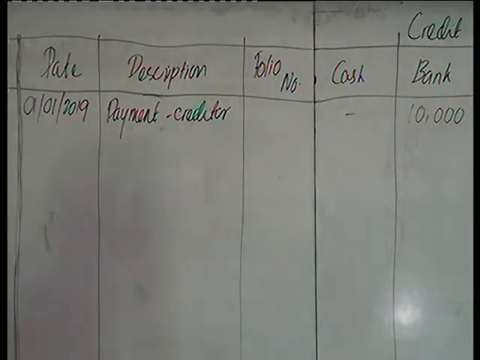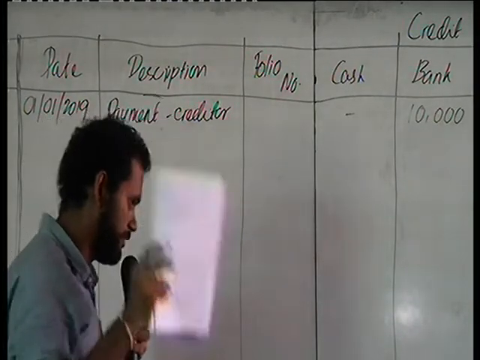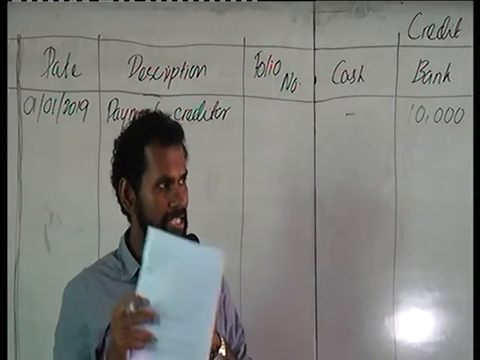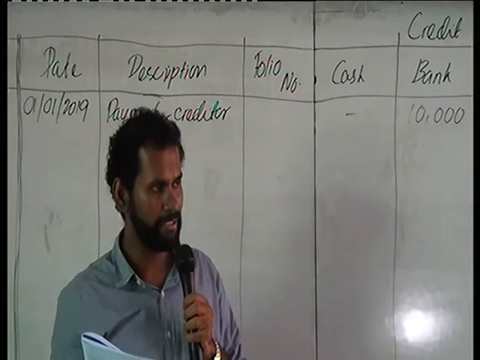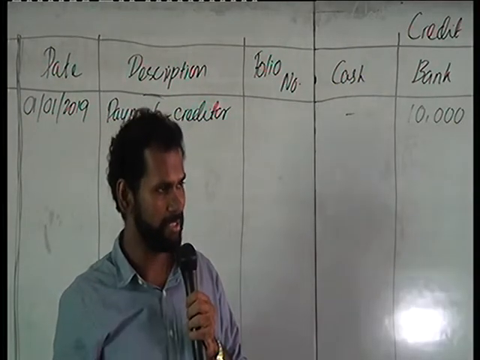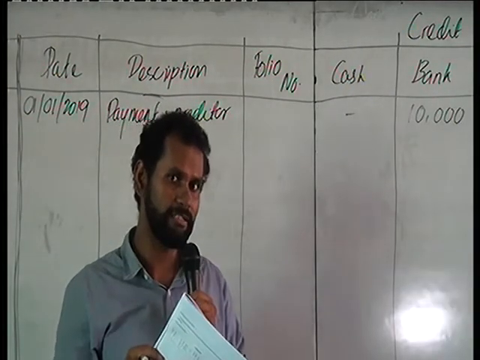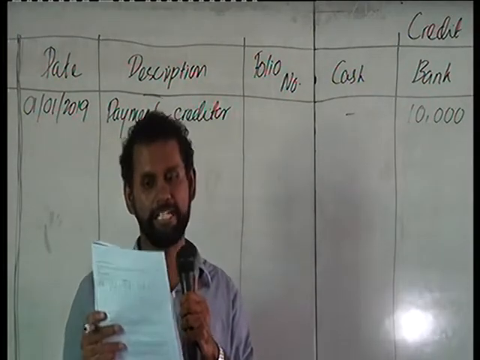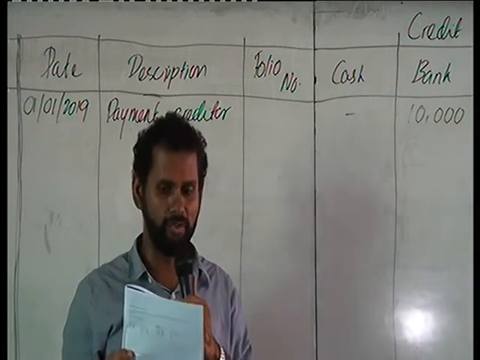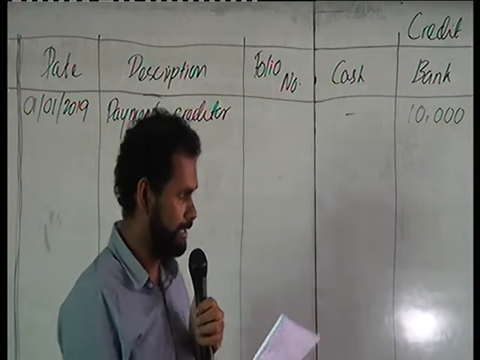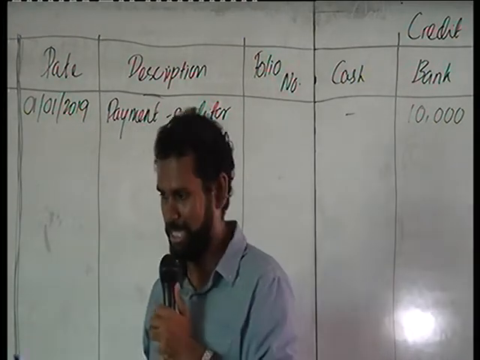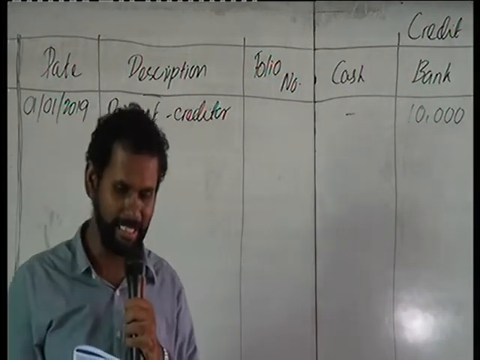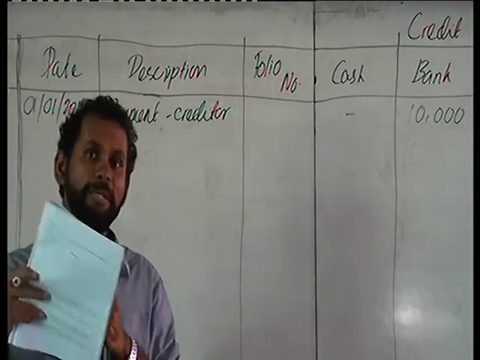What about the other side of the entry? Initially when we discussed double entries, the cash account or the bank account is credited. Debit has to be the trade creditors account related to XYZ Limited. In this example question, we are not required to look at the other side of the entries, but just for knowledge, XYZ account will be debited.